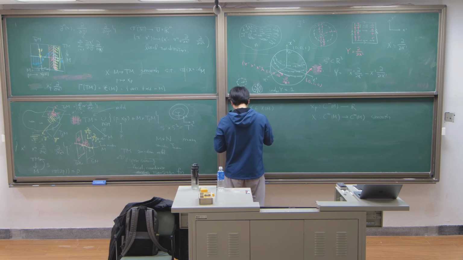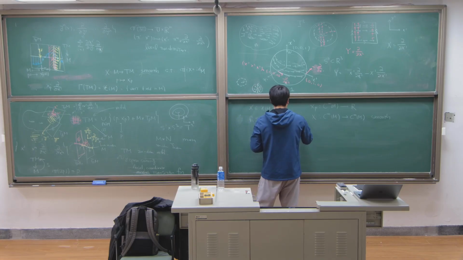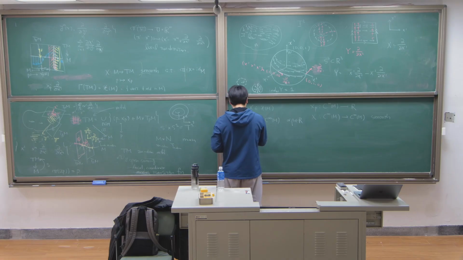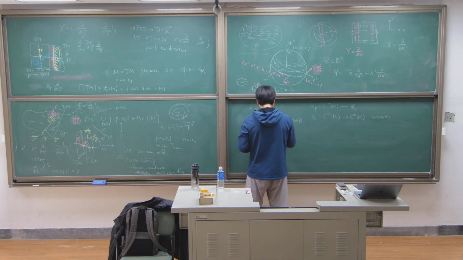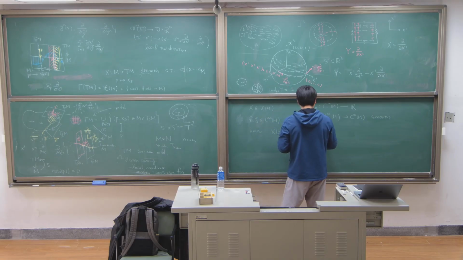So, given the functions, one property is linearity. So X of alpha f plus beta g is equal to alpha X of f plus beta X of g.